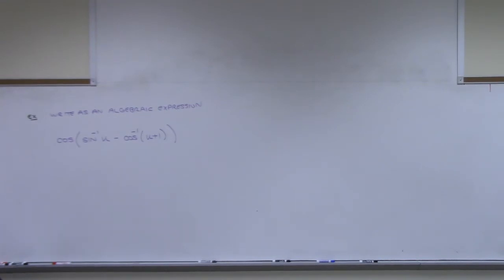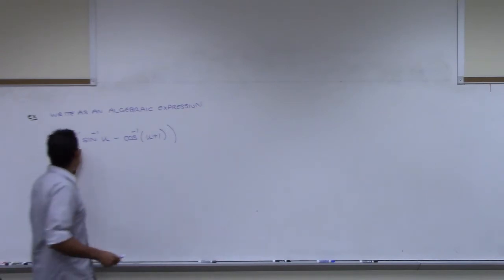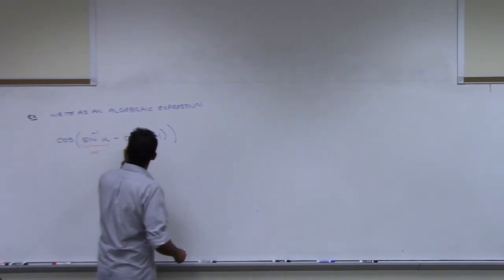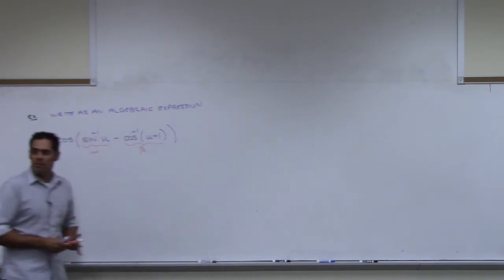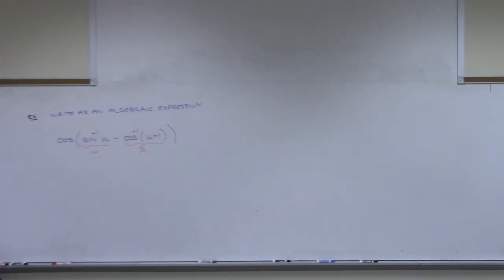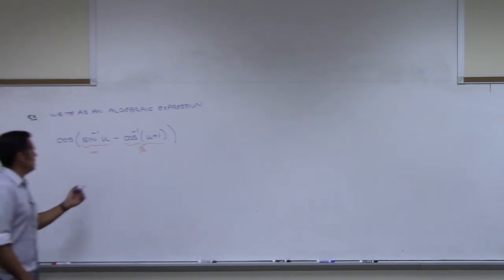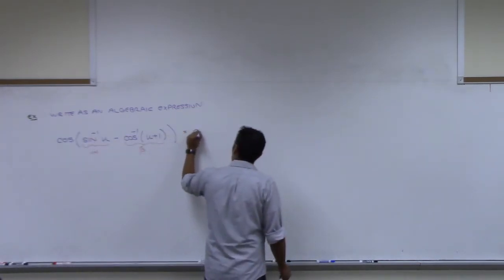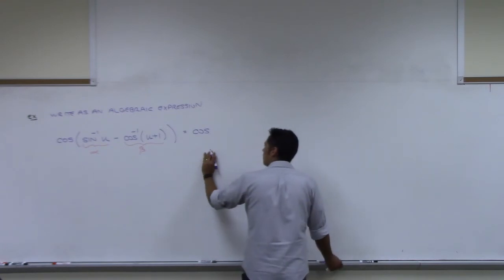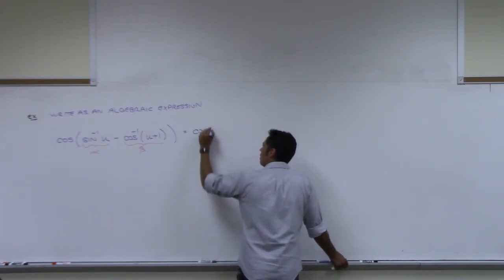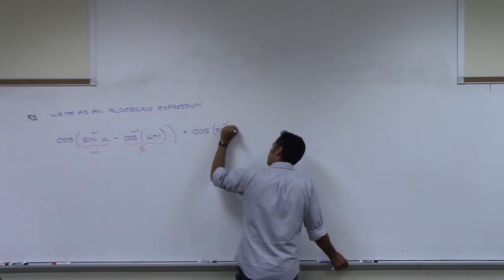So what do y'all see? What formula? Okay, so cosine of alpha minus beta. Do y'all see it? Cosine, here's alpha, here's beta. Do y'all see how we can rewrite that as cosine alpha cosine beta? All right, let's just write that out. This will be cosine alpha, but alpha is sine inverse of u.